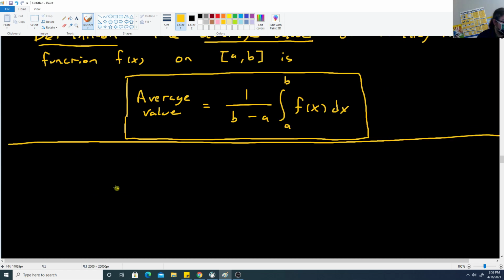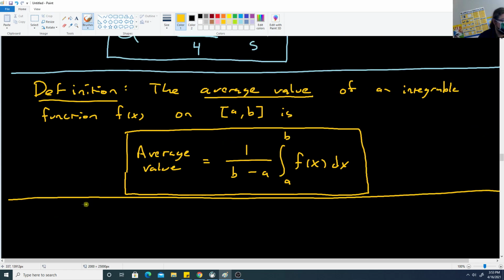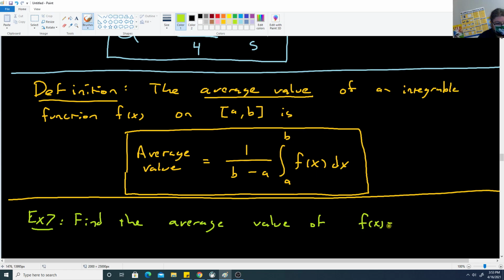Okay, so the next problem is going to be pretty straightforward from this definition. This is example 7. They want us to find the average value of f of x equals sine of x on the interval 0 up to pi.